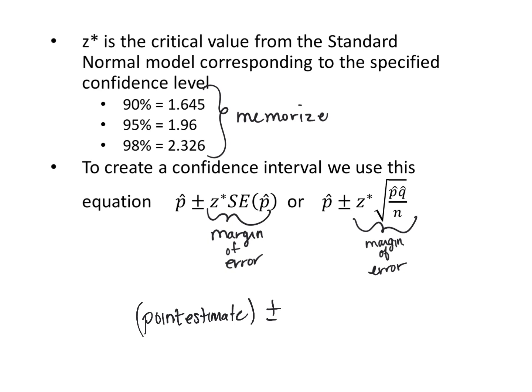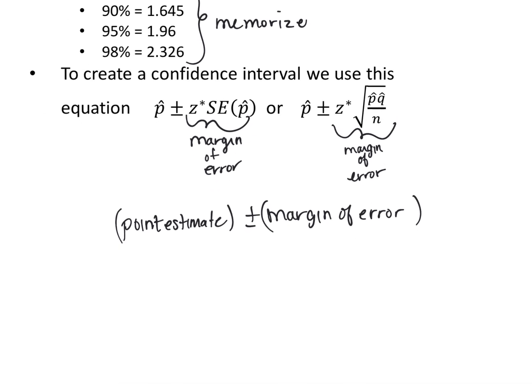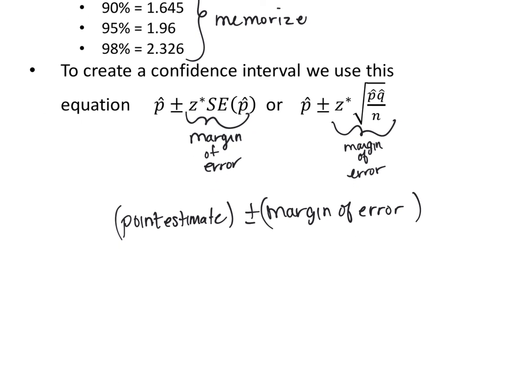It doesn't matter what chapter we're in, confidence interval is going to be the same general idea. Your point estimate, meaning your sample proportion, your sample difference, your sample mean, plus or minus margin of error. Your margin of error calculation is going to change a little bit depending on whether we're talking about one proportion or two proportion or means or standard deviations.